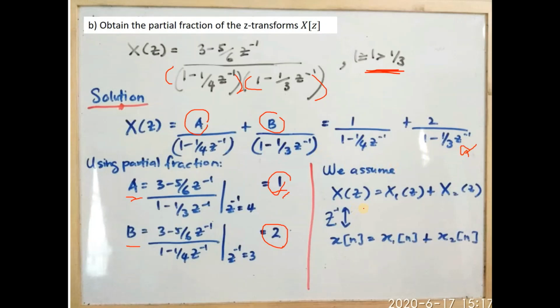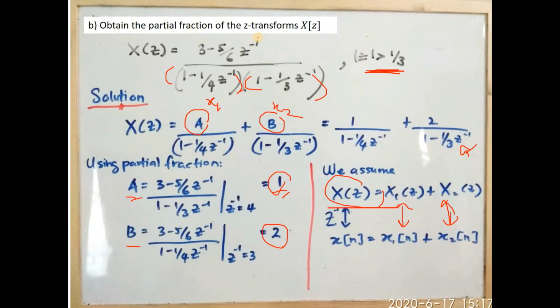So now let's see, we assume that you know that X(z) is actually equal to X1(z) plus X2(z), which is this one. So you have X1(z) and X2(z), right? And if you convert it to the inverse z transform, you have x[n], so you can actually do this too: you convert X1(z), you will get x1[n], and X2(z), you will get x2[n].